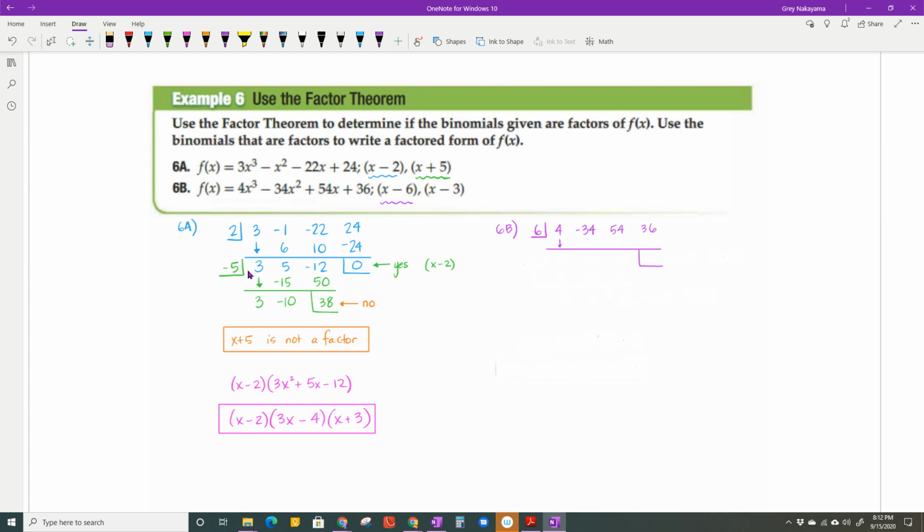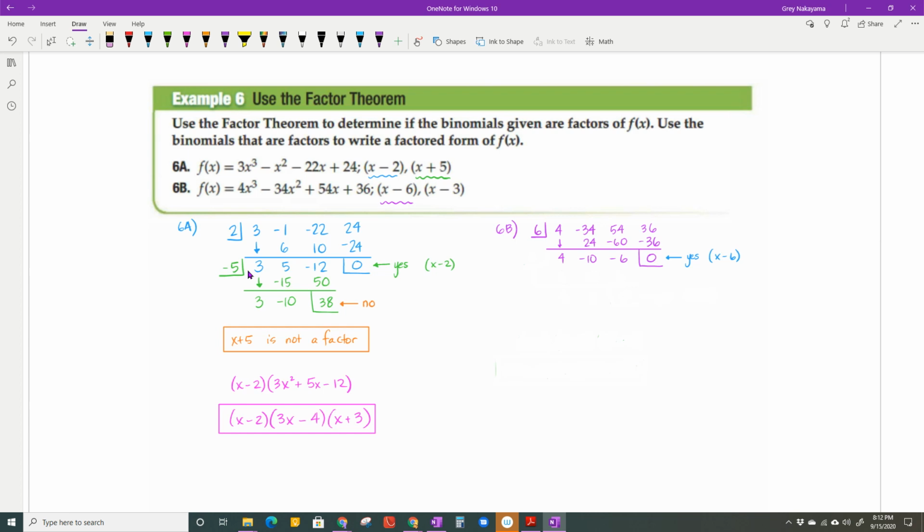I'm going to carry down my 4. 6 times 4 is 24. -34 and 24 is -10. 6 times -10 is -60. 54 and -60 give me -6. And 6 times -6 is -36. Gives me a 0. So yes, x minus 6 is a factor.